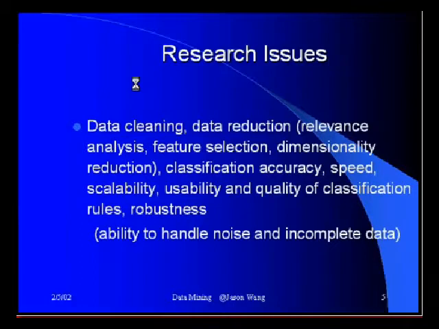Data could also be very incomplete. Look at the real world, at the tuples in relational databases. A lot of tuples have incomplete values for certain attributes, so attribute values are missing. So data is incomplete, and it might be dirty, with errors in it.